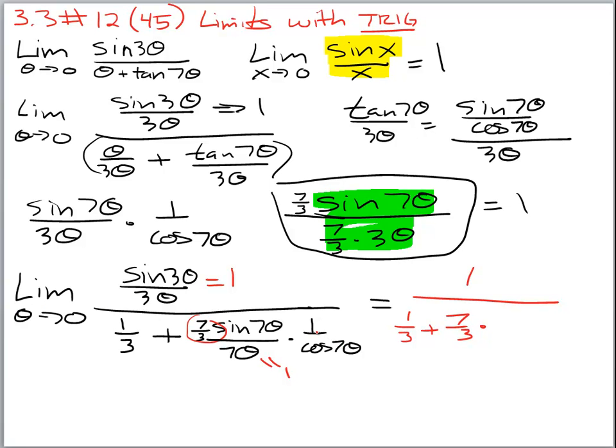As theta goes to 0, this becomes cosine of 0. Cosine of 0 is 1, so we just get 1 over 1. So we have 1 over 1/3 plus 7/3, that's 8/3, which is the same thing as 3/8.